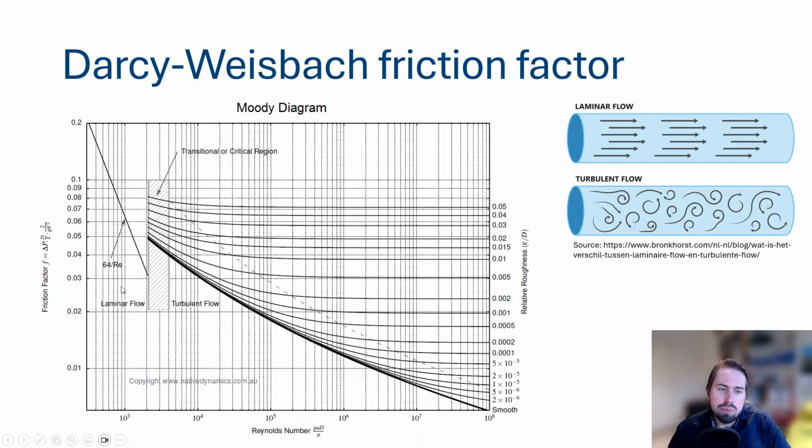But for reasons too complicated to explain in this video, in our laminar case we only have one equation for the fluid friction factor, which is 64 divided by the Reynolds number. And then we have a sudden jump to our turbulent regime.